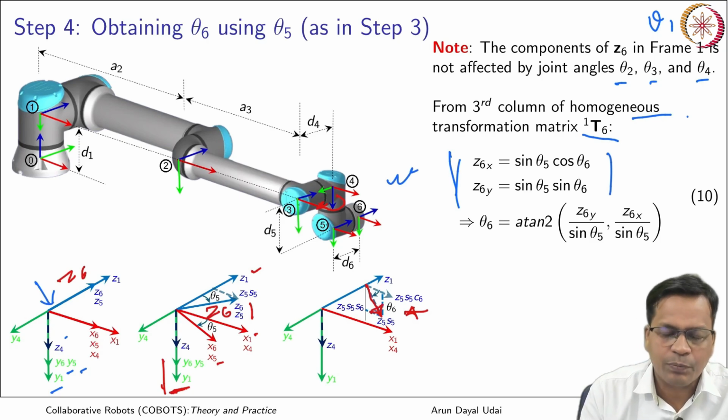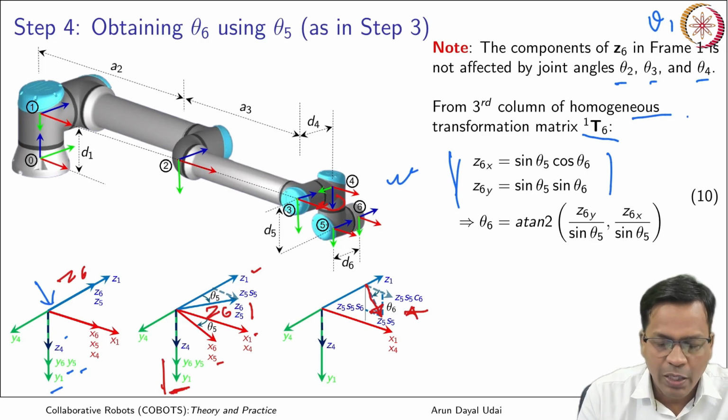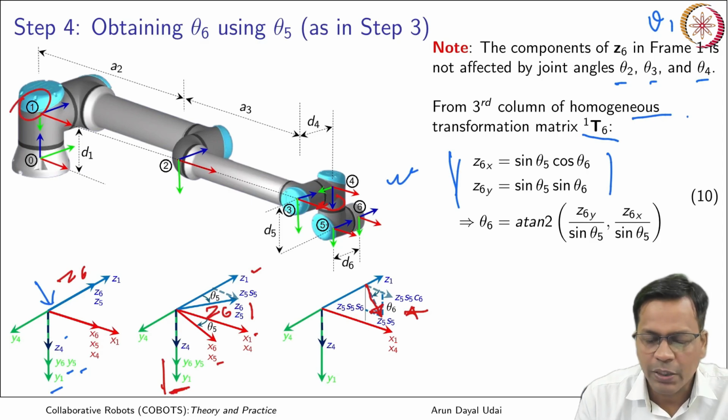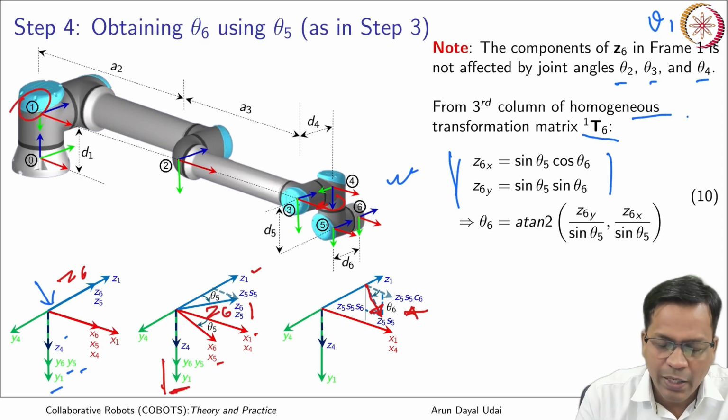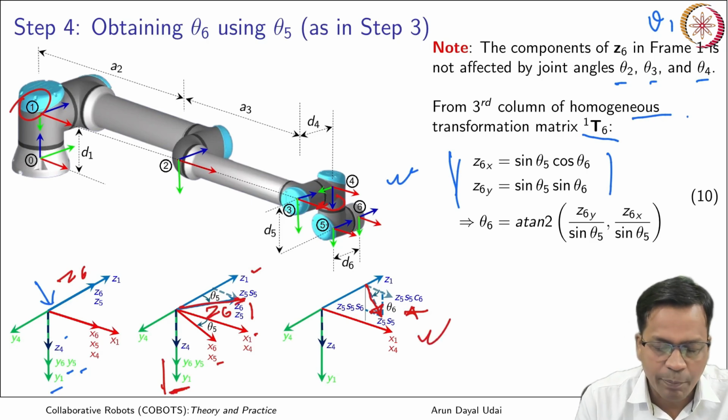Now I'll project it back and see how much is the projection of Z6 along X and along Y in the frame 1 itself. So what I'll get here is this. When it came out by theta 5, it came here, and in second go it came here. So the projections I have written here also.